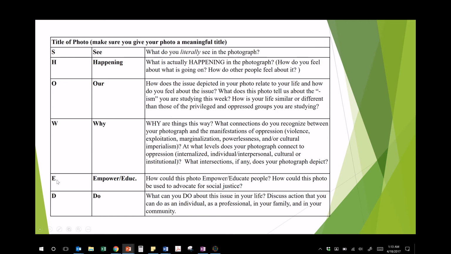And then the analytic elements really included a description of themselves in terms of whether they were in a privileged or an oppressed group, analyzing the causes, analyzing manifestations of that form of oppression, the levels of society in which that oppression functioned, as well as intersectionality that may have occurred. And then they also had to relate this to some type of an action strategy that could be resulting from that photograph.